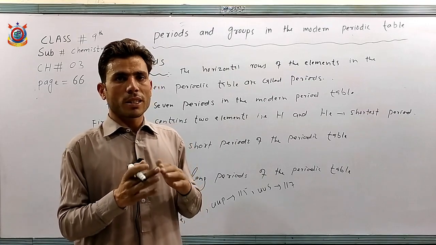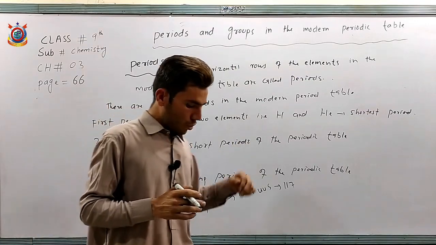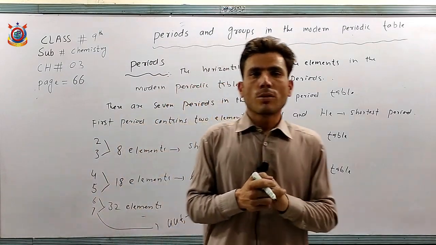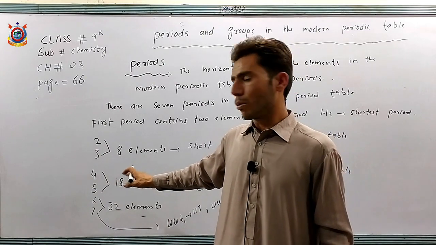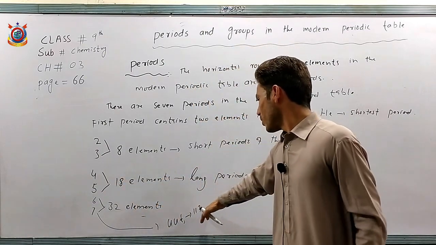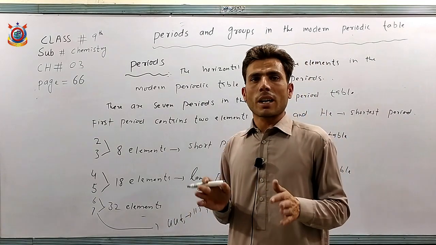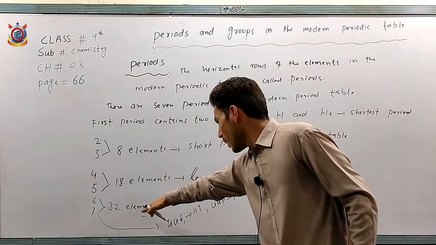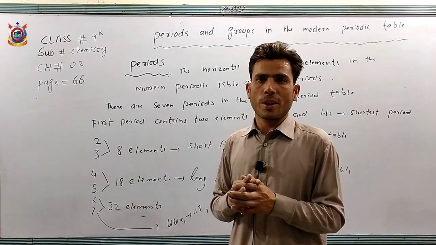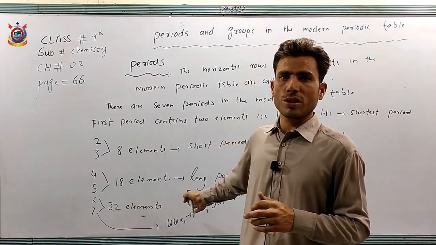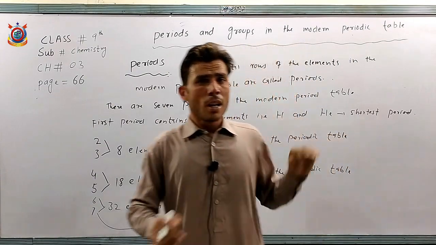These elements are temporarily placed in the 7th period. After getting sufficient information about these elements, maybe their position will change. So that is why period number 7 is still considered incomplete.